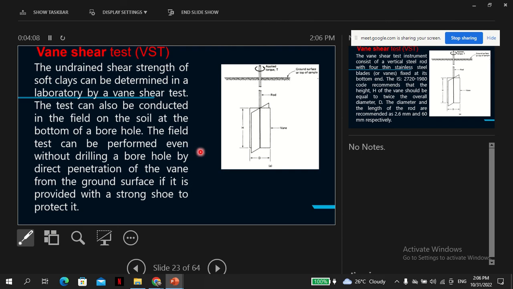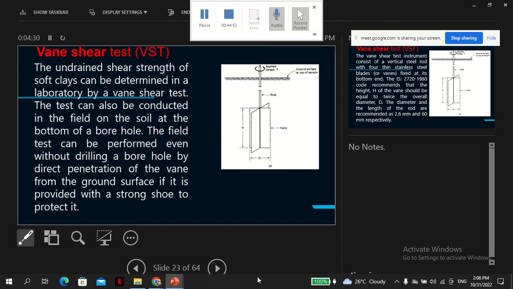This is a quick test in which you put the Vane shear, apply a torque, and based on the rotation, the speed, the resistance of the soil, you can easily tell what the undrained shear strength is.